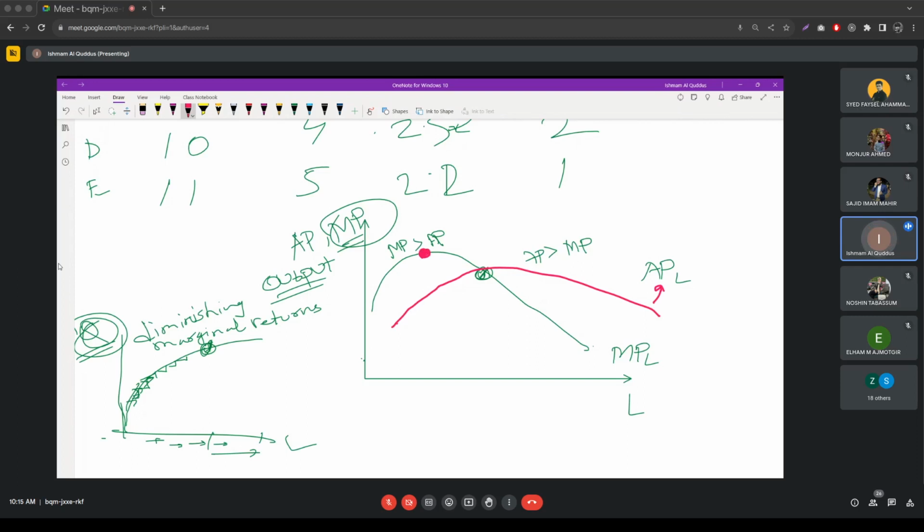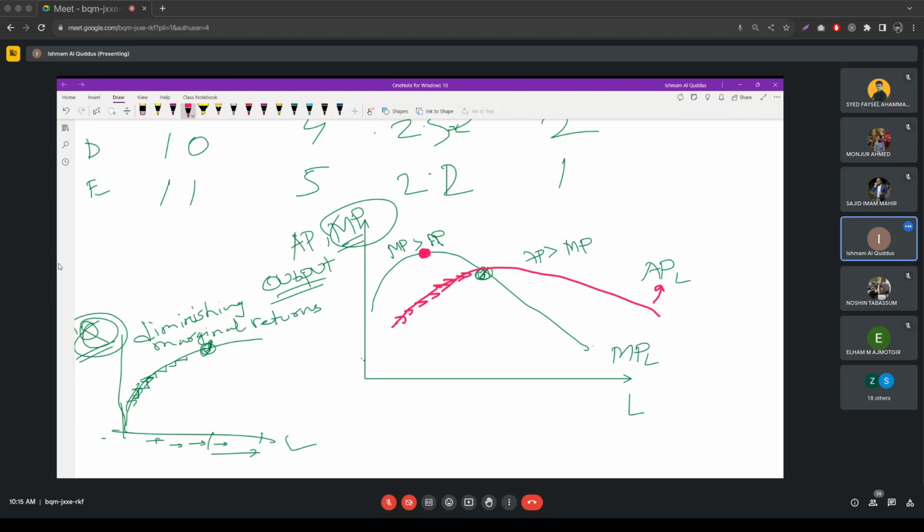Now, as long as the marginal product is greater than the average product, the average product will continue to increase. So here it is increasing, right?